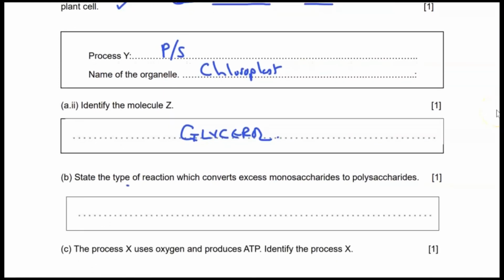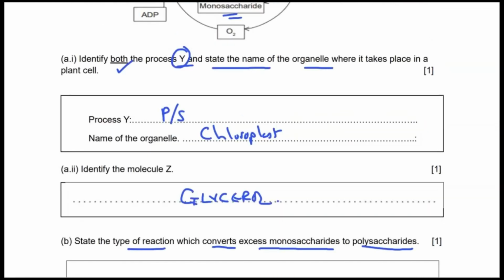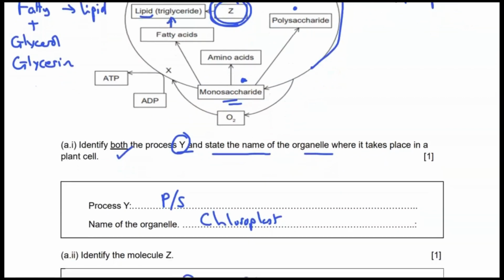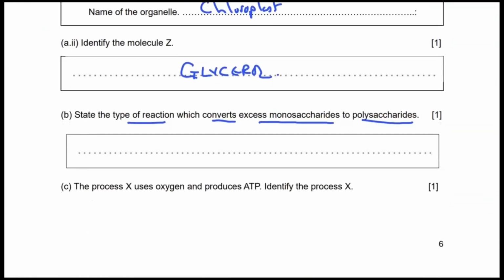State the type of reaction which converts excess monosaccharides into polysaccharides, which is shown in the diagram. If we take a quick glimpse, so our monosaccharides are here, and we're creating polysaccharides. What do we call this?